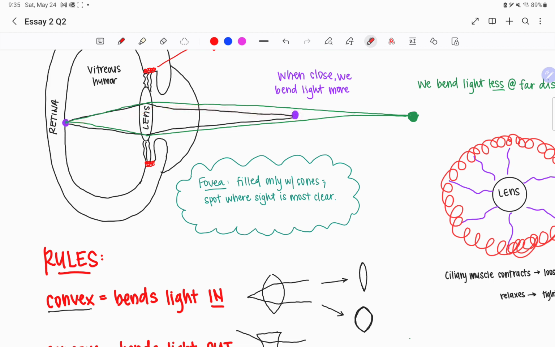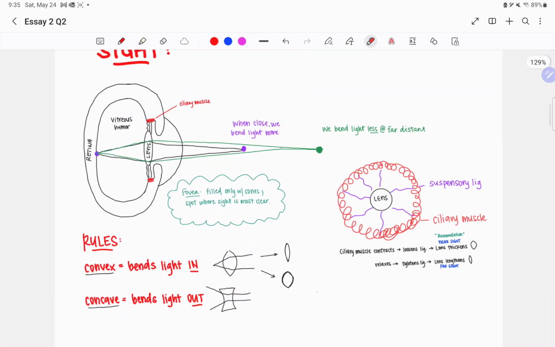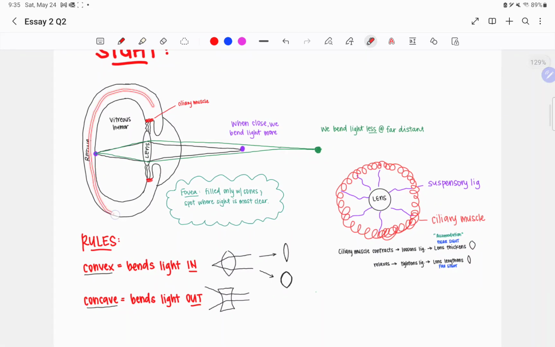Okay, and it's doing this. All right. So that's kind of how it would look. All right. And what it's trying to do is it's focusing this reflected light through our cornea and our lens, and it's putting it on a specific spot back here on our retina. Okay. Our retina is this whole area right back here.